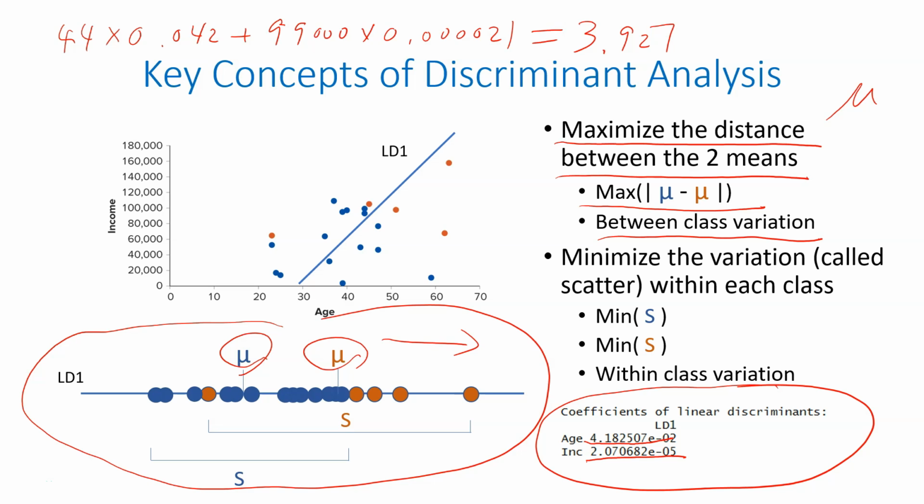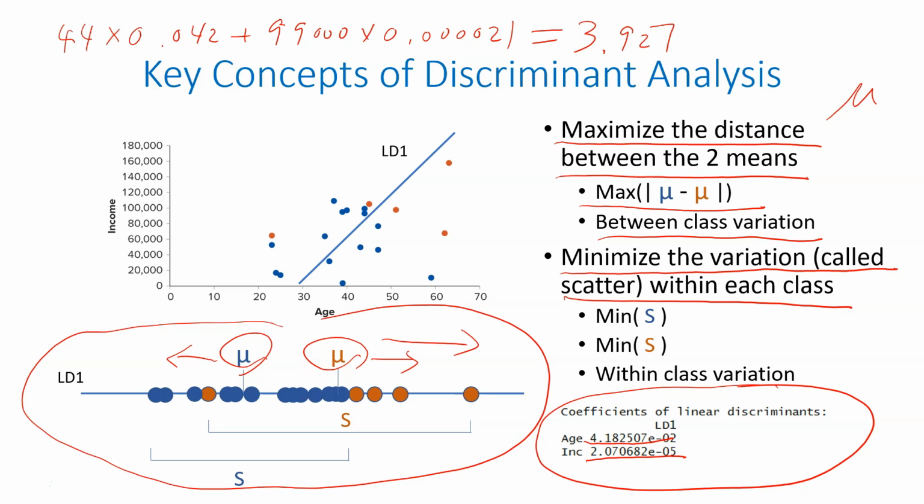And if you look at our diagram here, visually we can see that if the two mu's are farther apart, we can more easily tell the classes apart. The second criterion that must be met at the same time the first criterion is met is that the new dimension must minimize the variation, also called scatter, within each class.